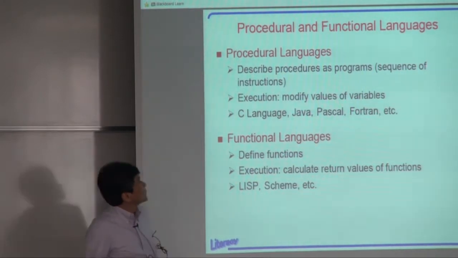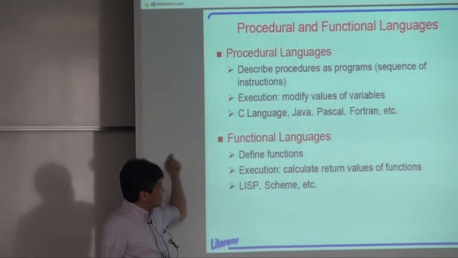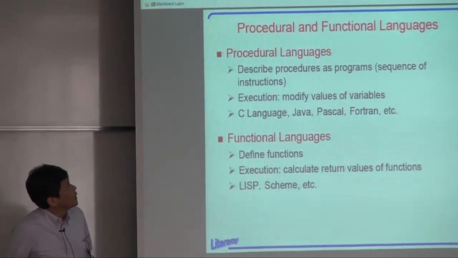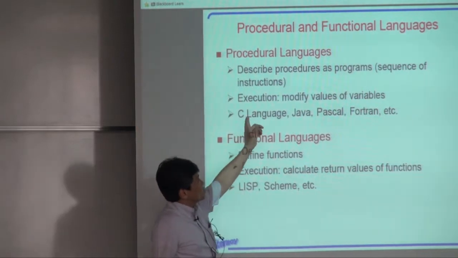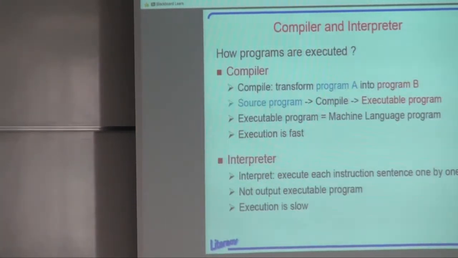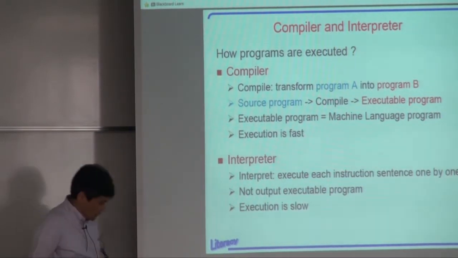Procedural languages are C, Java, Pascal, Fortran. And for the execution mechanism, there are two types: compilers and interpreters.